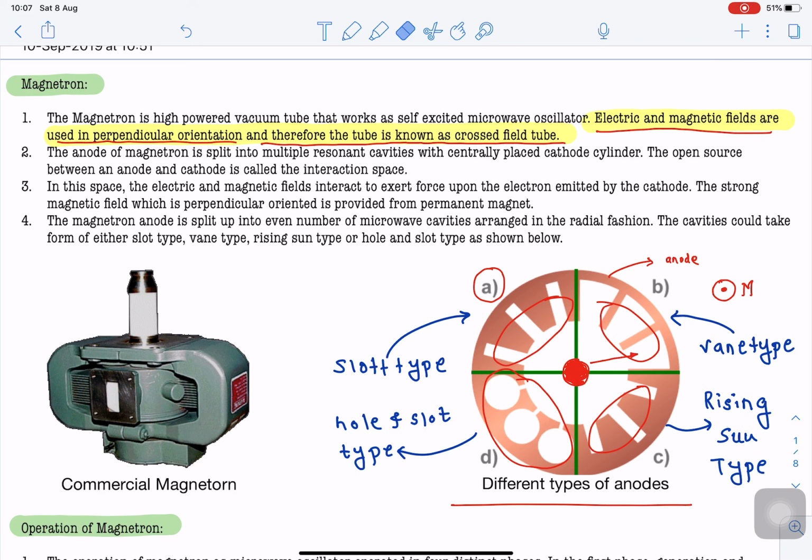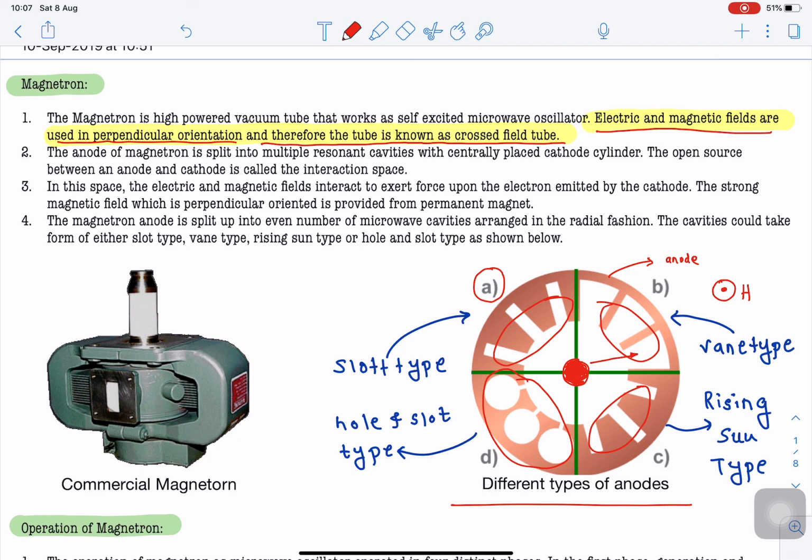I will write it as H, indicating it is a magnetic field. The magnetic field is oriented perpendicular to the plane of paper, and the electric field is oriented parallel in the plane of paper. So the electric and magnetic fields are totally perpendicular to each other, right?